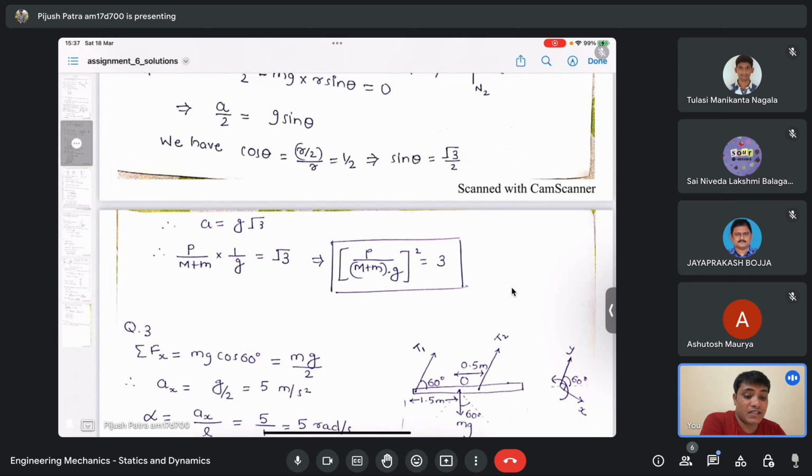The acceleration of that cylinder, the magnitude of both, is the same.